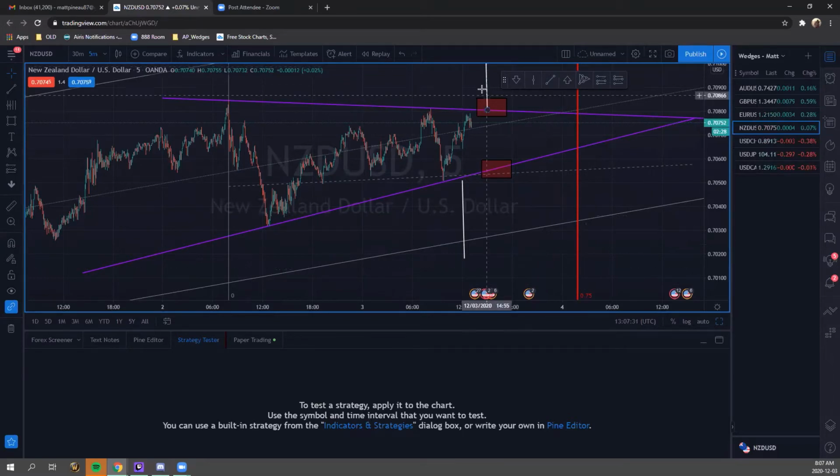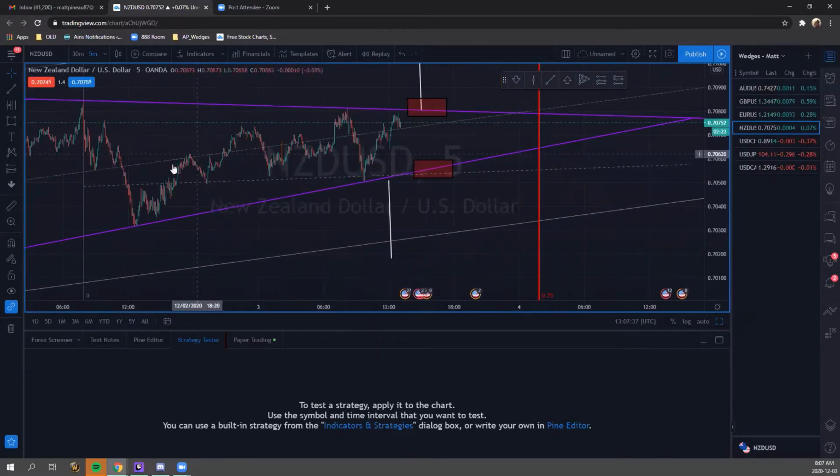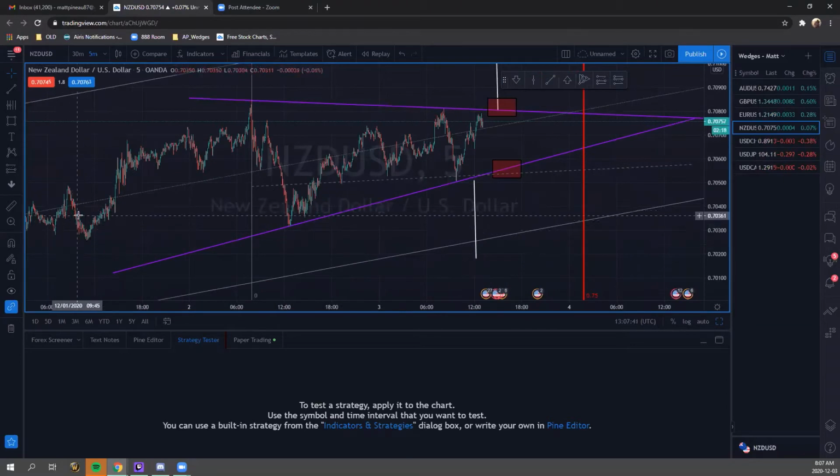We might get a bounce on this pitchfork line, but it's been breached a couple times, but it's not that bad. You got a bounce here, a little bit of consolidation, a bounce, a little bit of consolidation where it breaks and then takes off again.